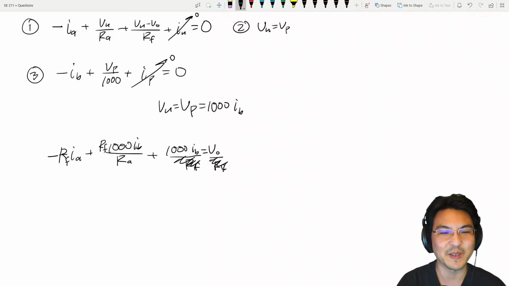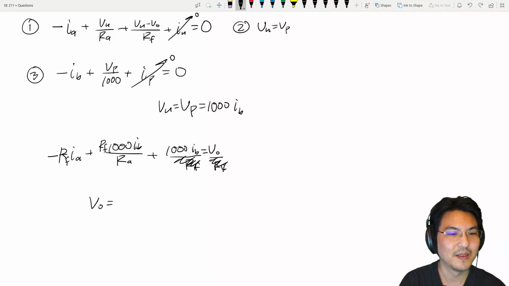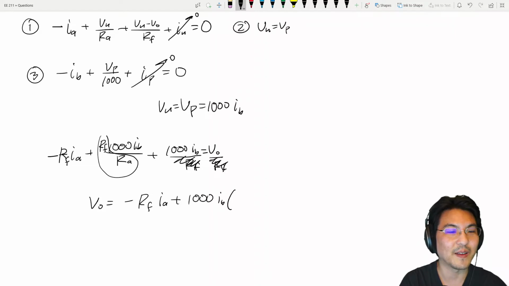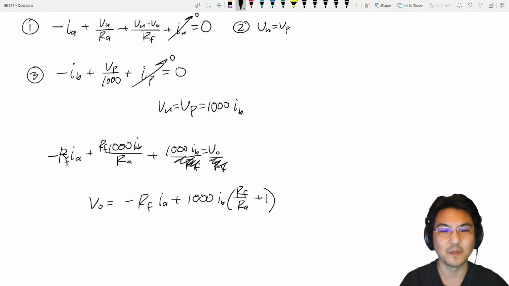There. Okay, so now I have an expression for my output voltage. Let me just gather terms here. What do we have here? Minus RF IA, and then IB, oh, we can factor out 1,000 IB, and then what's left? RF over RA and 1. Okay, here we go.